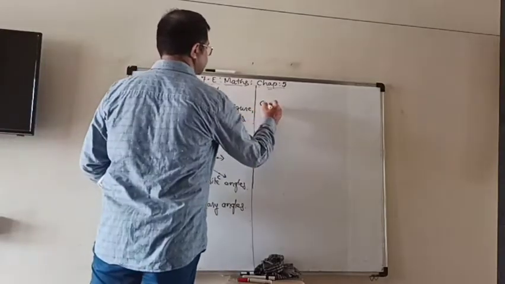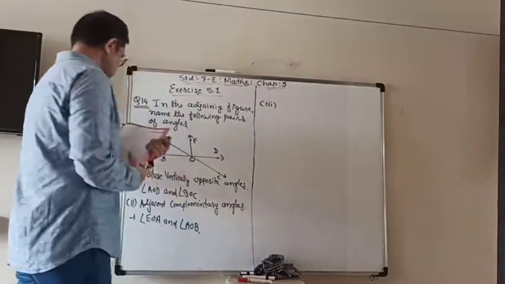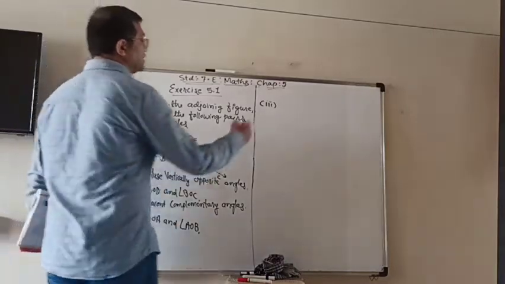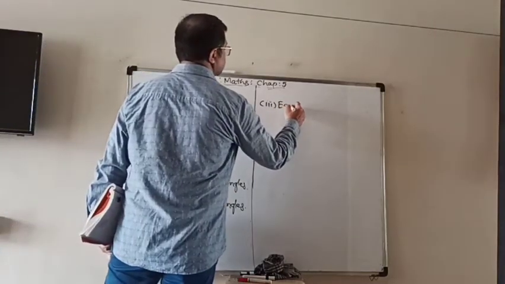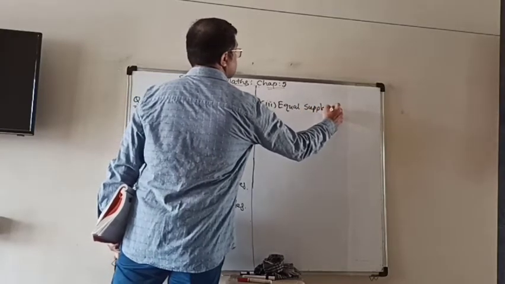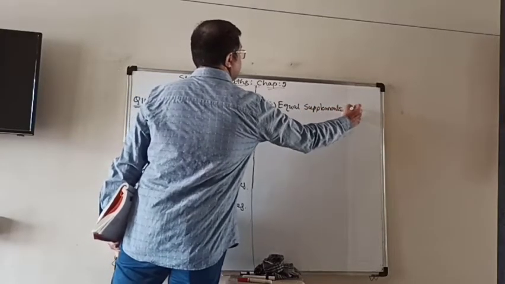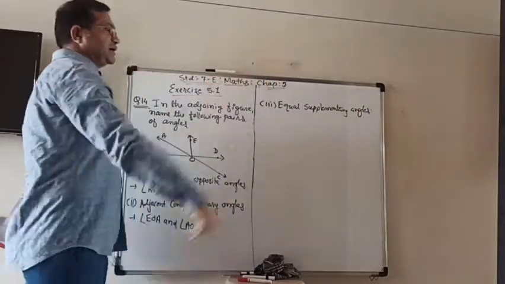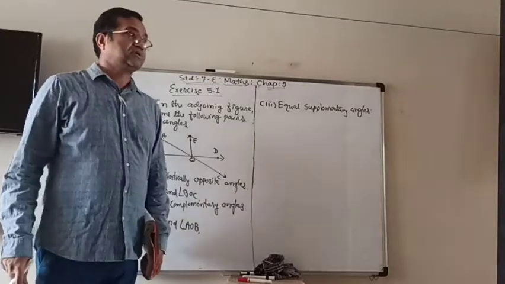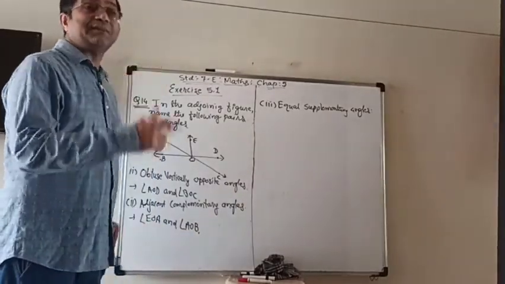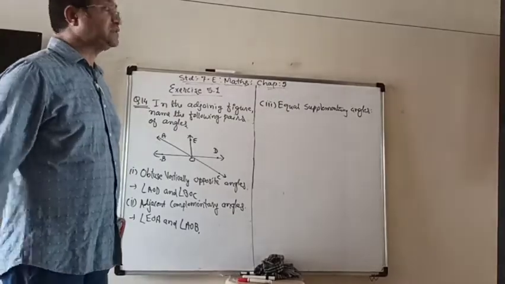Third one, equal supplementary angles. Supplementary angles means the sum of them must be 180, and both should be equal, meaning both should be 90 degree.